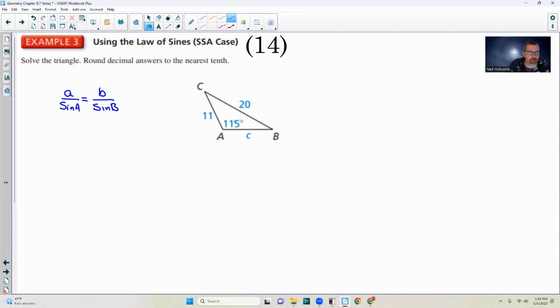And I'm going to substitute my givens. a is 20, sine of 115 equals side b, which is 11, over sine B.